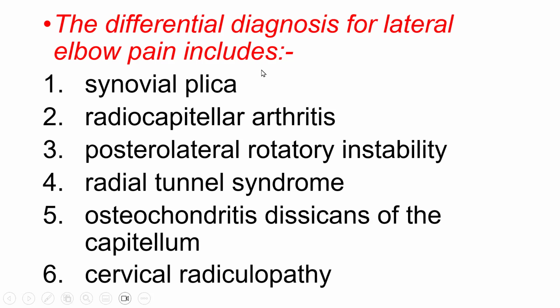MRI findings have been shown to correlate with surgical and histologic findings. However, one study noted that severity of MRI signal changes consistent with tendon degeneration did not correlate positively with patient symptoms.